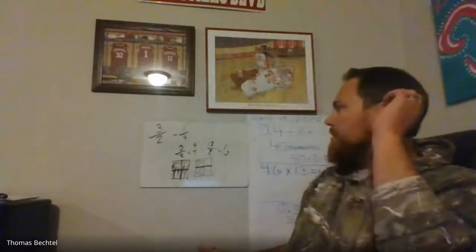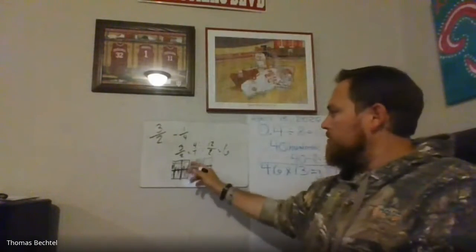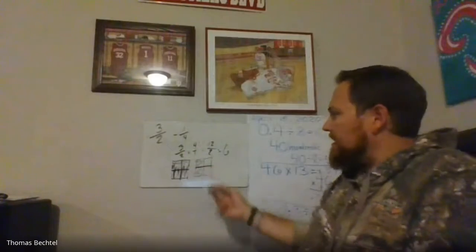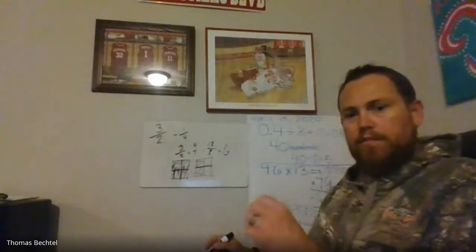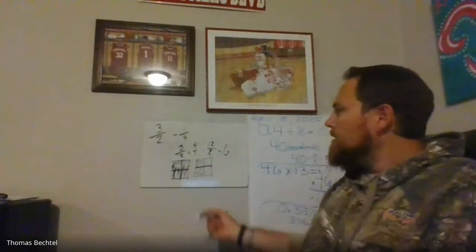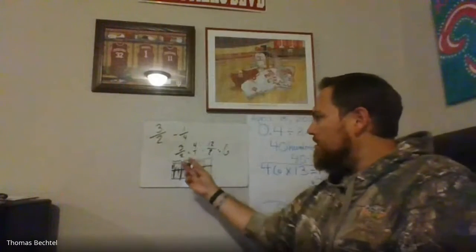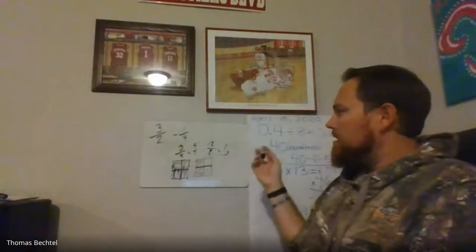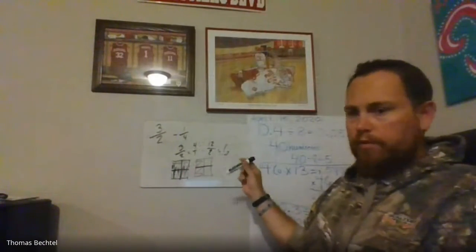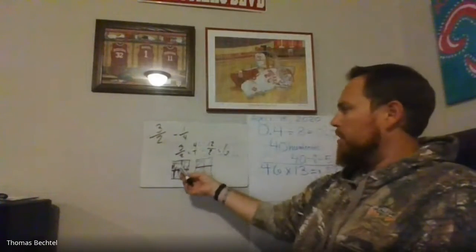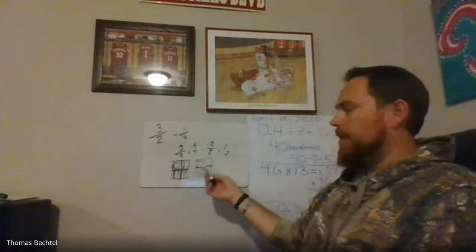So then how many fourths do we have? 1, 2, 3, 4, 5, 6. You have 6 of those pieces. So if we were to take the 3 halves and divide it into 1/4, we would have 1, 2, 3, 4, 5, 6.